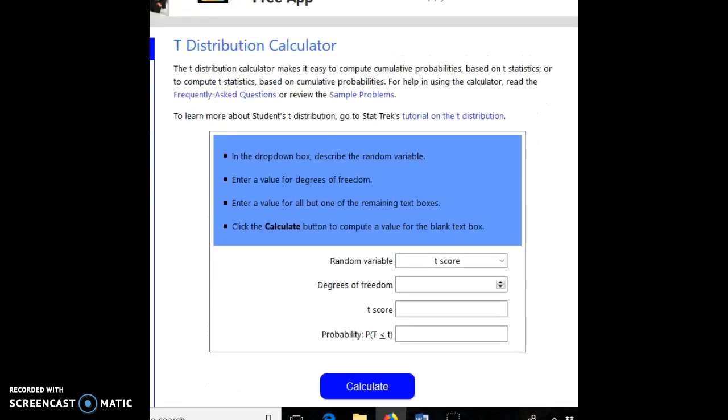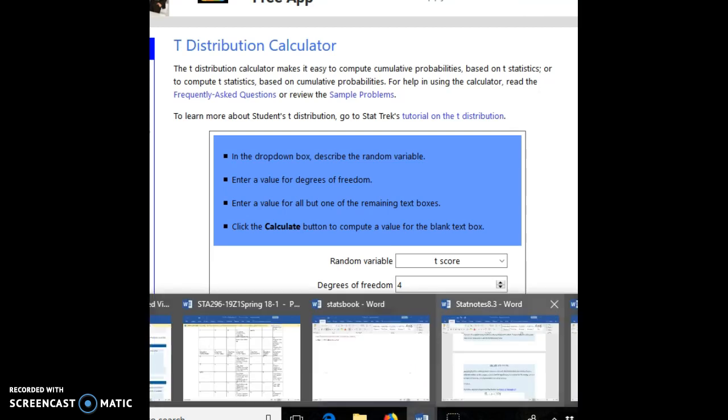Our degrees of freedom are 4. Remember, 1 less than the sample size. And our significance was 0.05. And remember, this is a left-tailed test, so we want the area to the left, and we can just put in 0.05. We don't have to do anything else. Now let's hit calculate, and it tells us the t-score is negative 2.132.